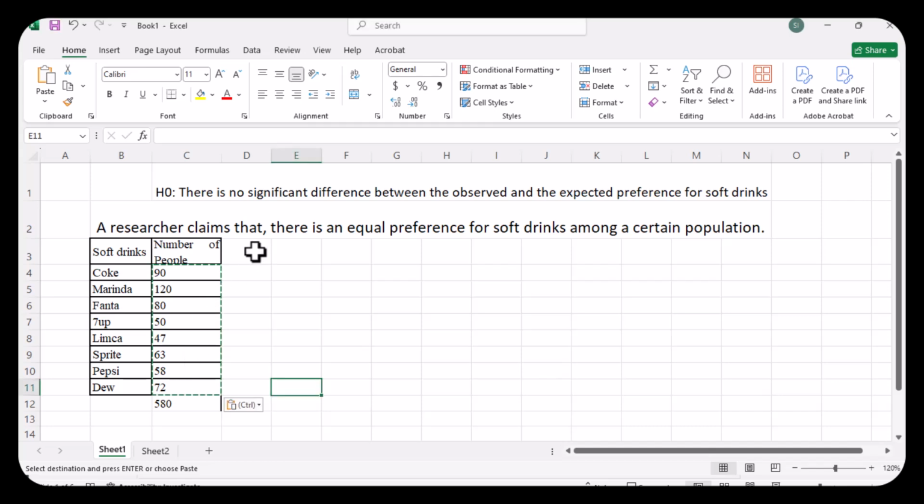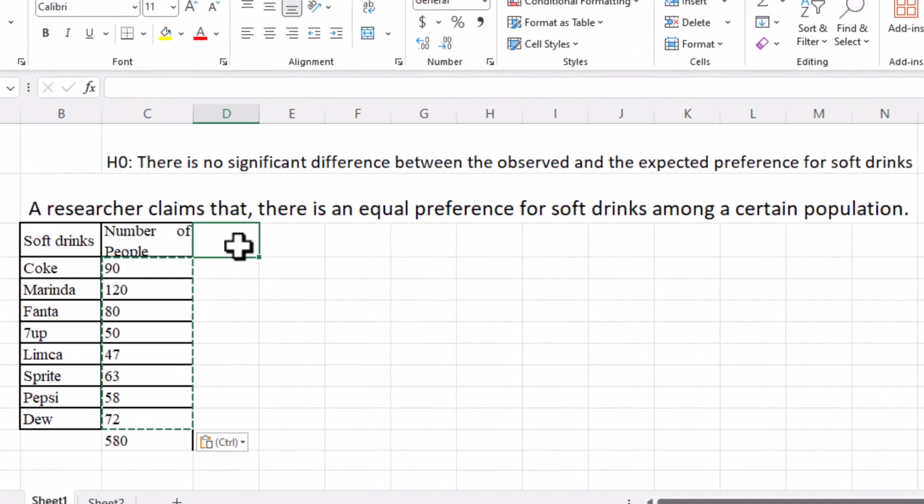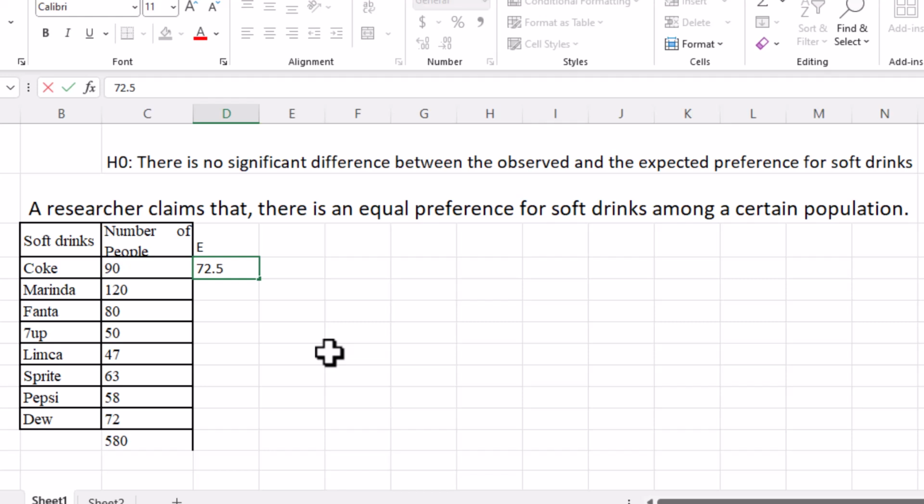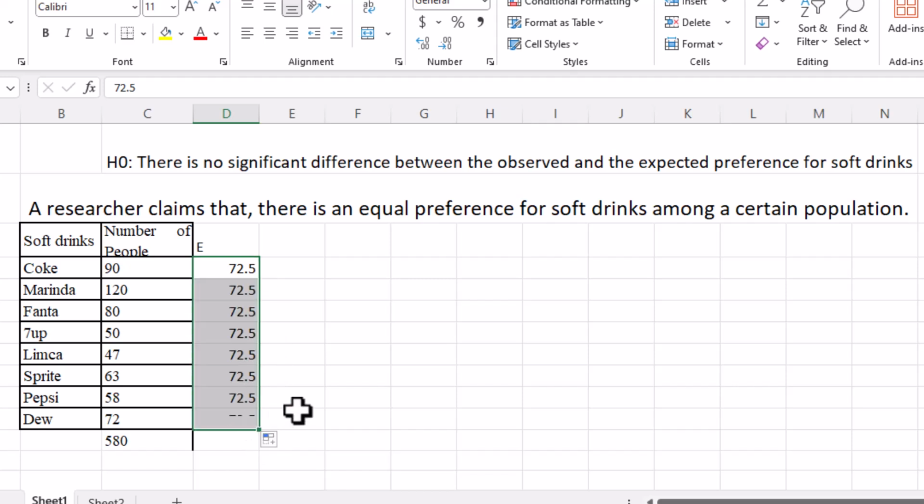So we calculate for the expected value E. To calculate this, we sum up all these numbers, which is 580, divided by the number of categories, which is 8, and so we'll have 72.5 as the expected value. All these categories will have the same expected values.